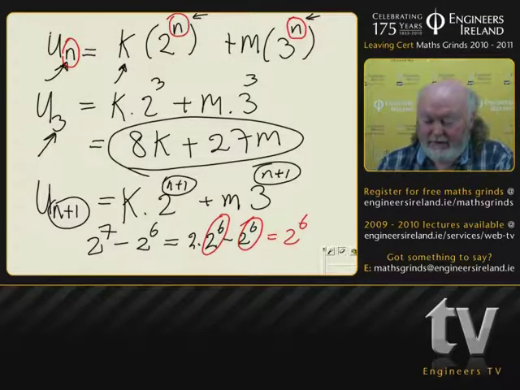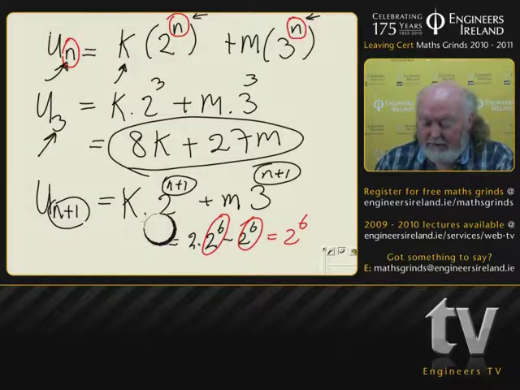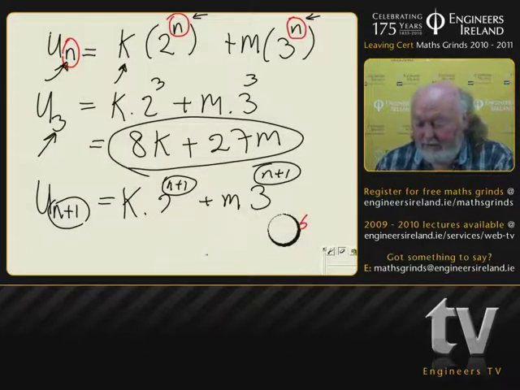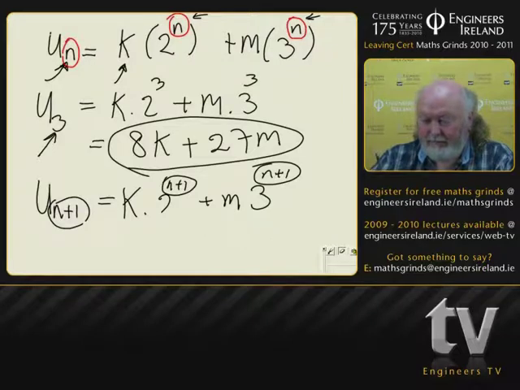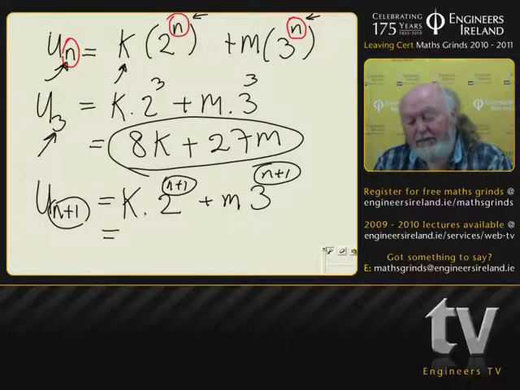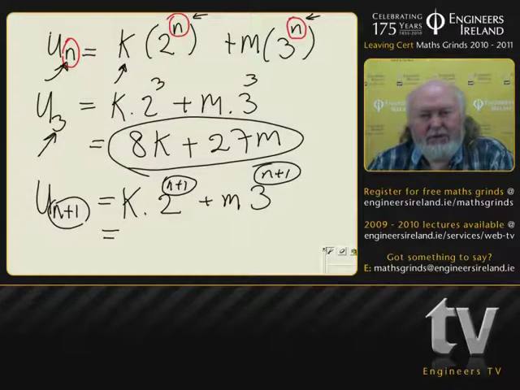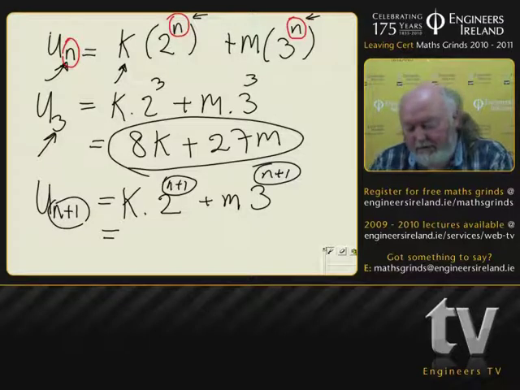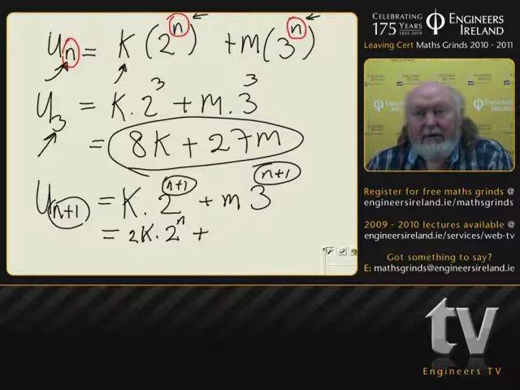Now, let's just do the same type of thing with our equation here. This is equal to, it's k by 2 to the n plus 1. Isn't that 2 multiplied by 2 to the n? And a k multiplying into that. So we will say it's 2k by 2 to the n plus, and over here 3 to the power of n plus 1.